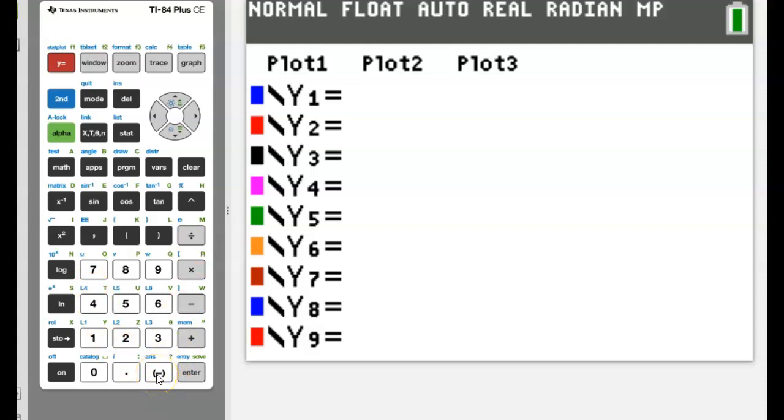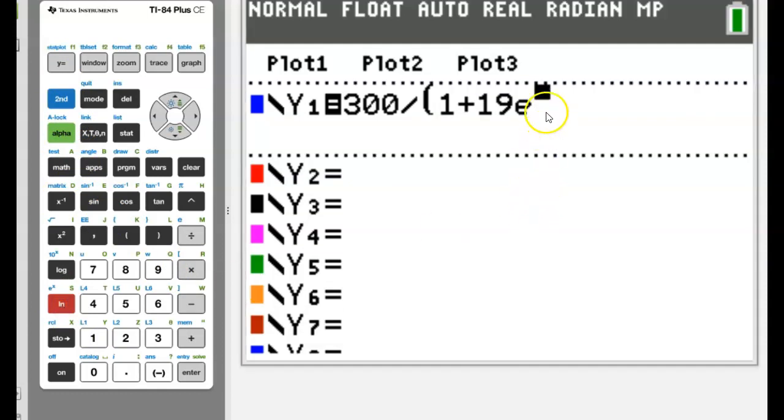This question is on the quiz as well, something like this. What was the top 300? Okay, divided by the quantity 1 plus E, am I remembering this right? Which is, 19 and then E. And then there's an E. And we're going to need an exponent, so I'm going to do second ln so that it puts me up in this little box.